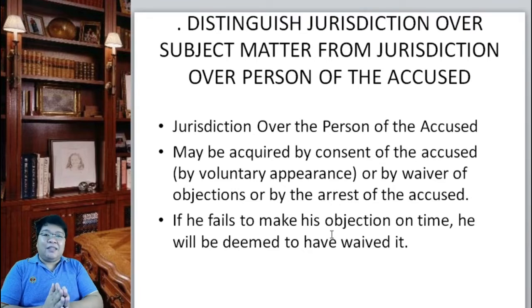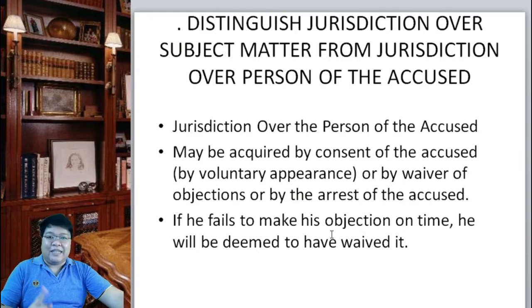After arraignment, when the court asks you whether you are guilty or not guilty of the crime charged, and you answer yes or no without objecting to the method of how you were arrested, you are deemed to have waived already the illegality of your arrest. Okay, so it's clear.